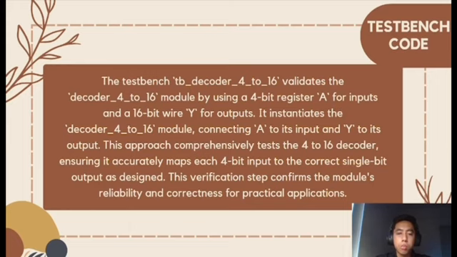This approach comprehensively tests the 4 to 16 decoder, ensuring it accurately maps each 4-bit input to the correct single-bit output as designed. This verification step confirms the module's reliability and correctness for practical applications.